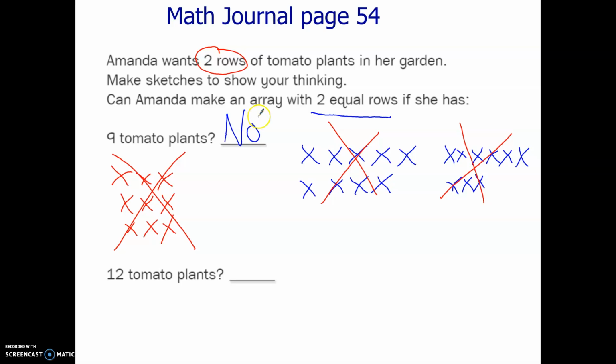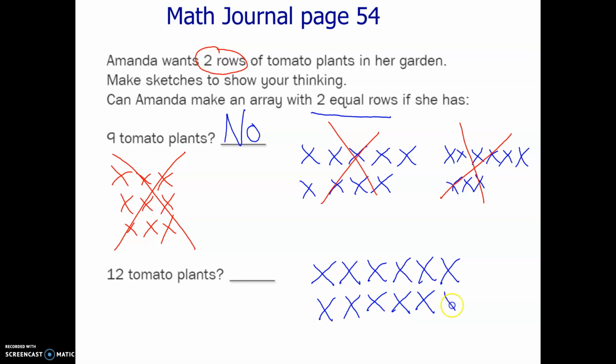12 tomato plants. Can I make 2 equal rows for 12 tomato plants? Well, what do I know about the number 12? I know a number that if I add it twice, I get 12. 1, 2, 3, 4, 5, 6. 1, 2, 3, 4, 5, 6. 6 plus 6 is 12.